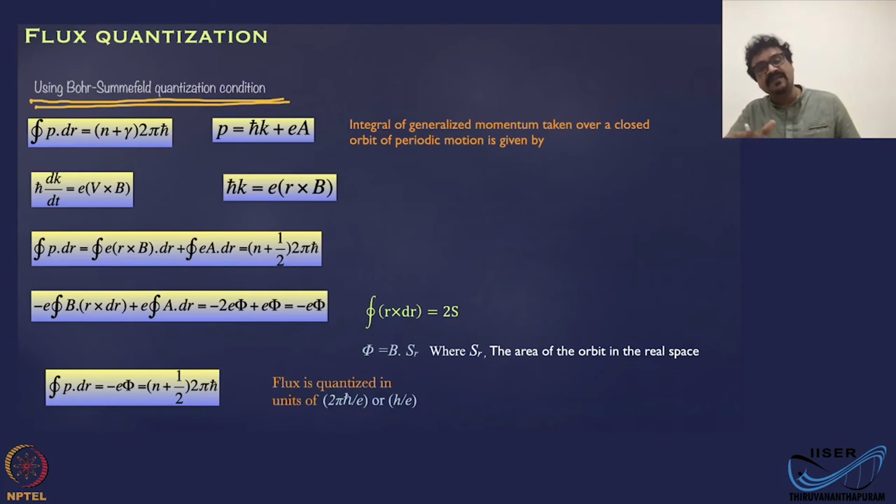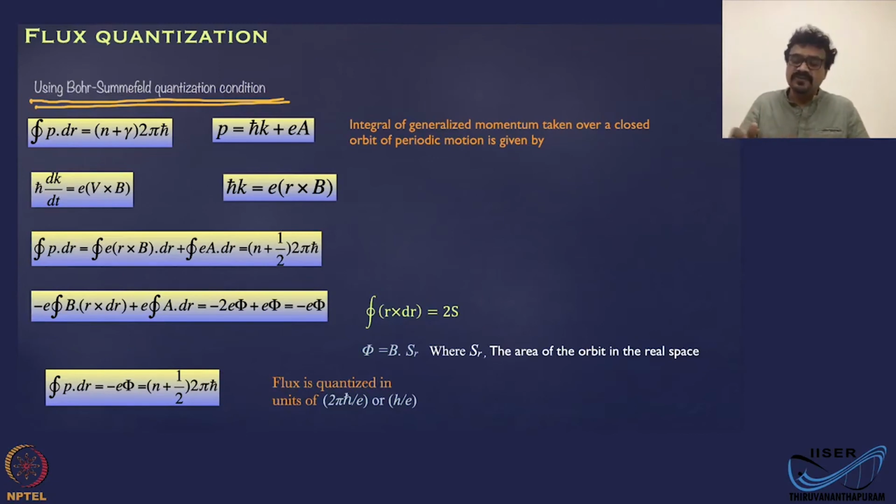This flux quantization we will encounter in various discussions during the course of this set of lectures, when we discuss Bohr-Sommerfeld, when we discuss weak localization, when we discuss superconducting interference devices. In various contexts, you will come across flux quantization.